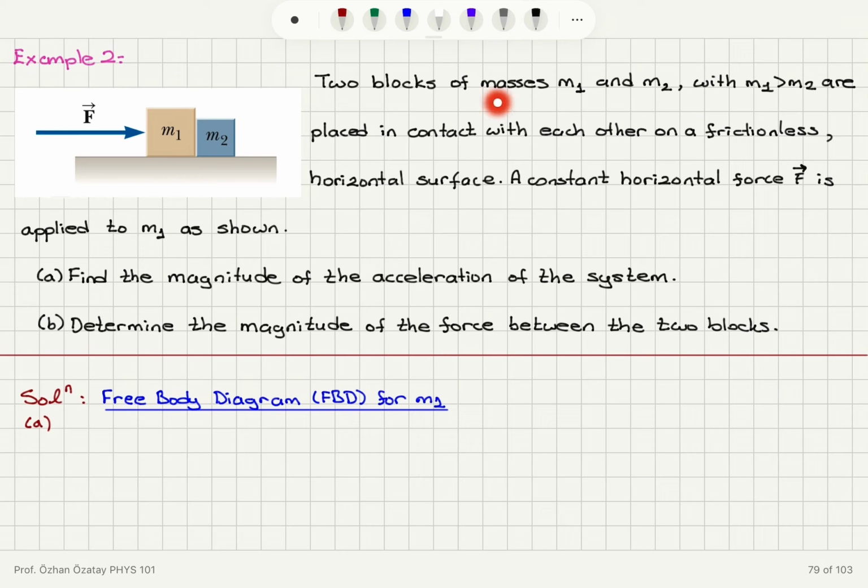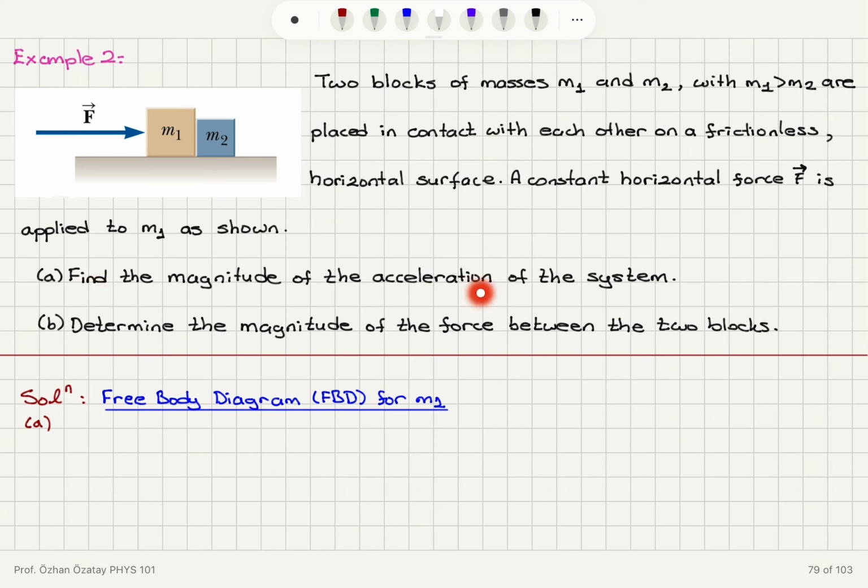Two blocks of masses m1 and m2 with m1 greater than m2 are placed in contact with each other on a frictionless horizontal surface. A constant horizontal force F is applied to m1, so you can see this force is applied to m1 as shown, and there is a physical contact between m1 and m2.